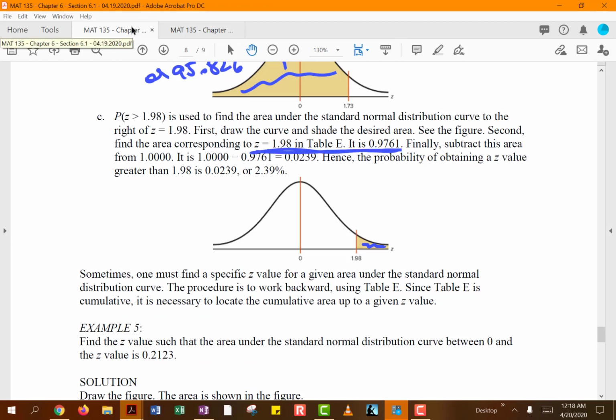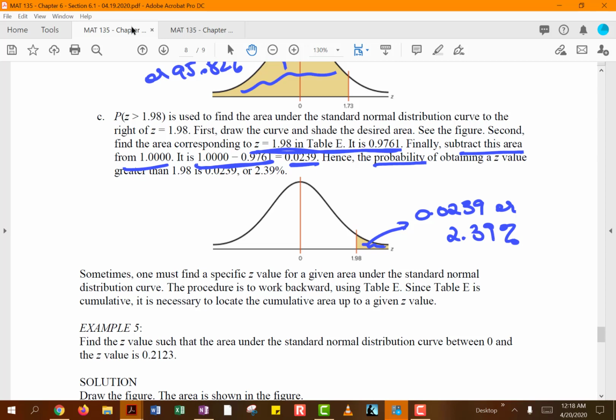But remember guys, this is to the left of our z-score, and we want the area to the right. So since it's to the right, remember we need to subtract this from 1. So you get 1 minus 0.9761, which actually gives you a very small probability of 0.0239, or basically 2.39%. So as a probability or an area, you're looking at 2.39%, right?